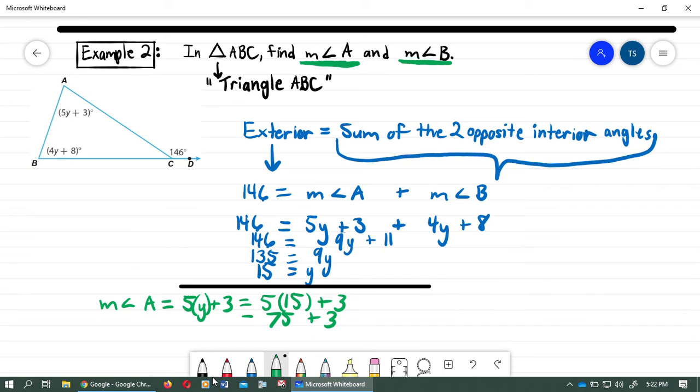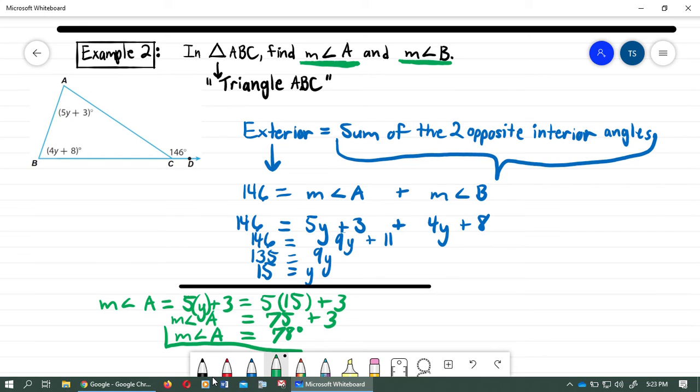So the measure of angle A is 78 degrees. All right, that's one part of what they were asking us to find. The measure of angle A is 78 degrees.